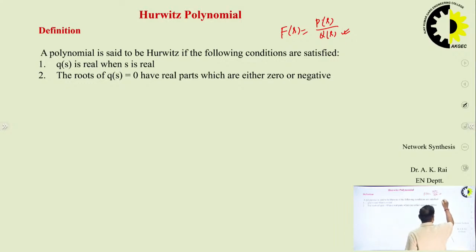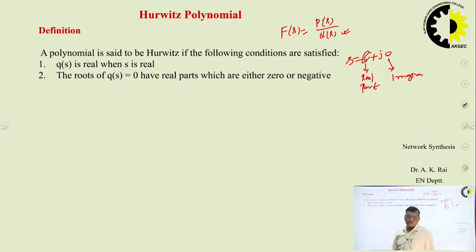If you remember, s is equal to sigma plus j omega. Sigma is the real part, that is the complex frequency, and omega is the imaginary part, or you can say the imaginary frequency. So when s is sigma, Q(s) is also real.